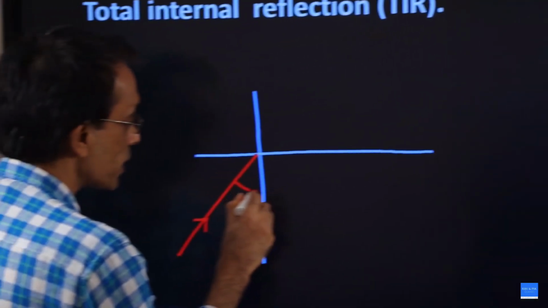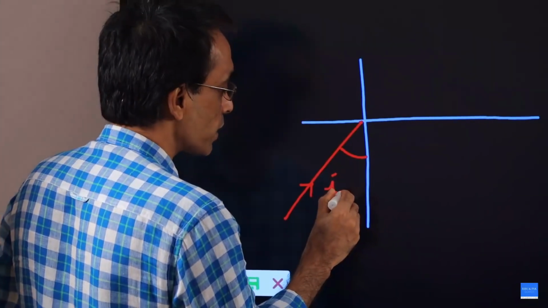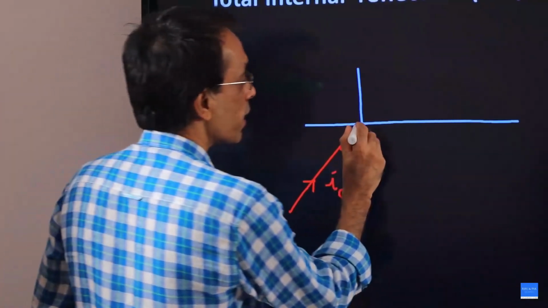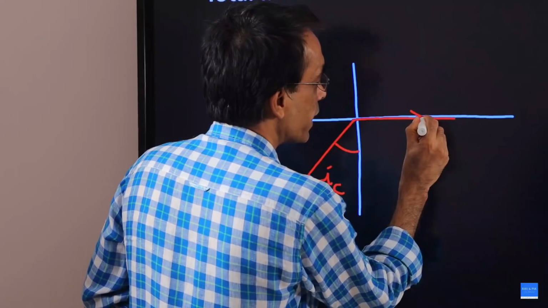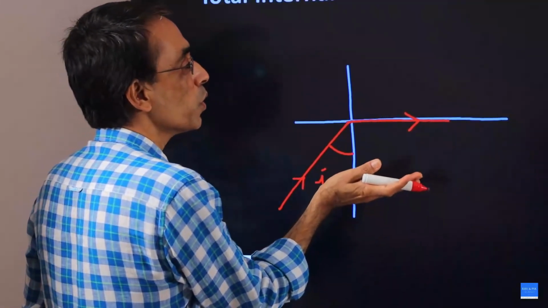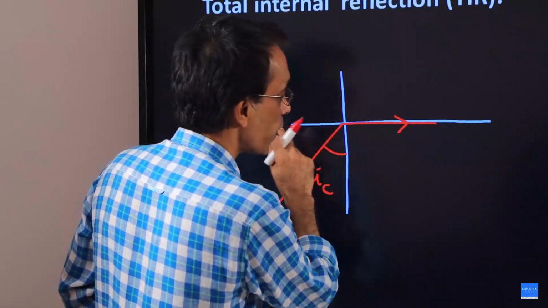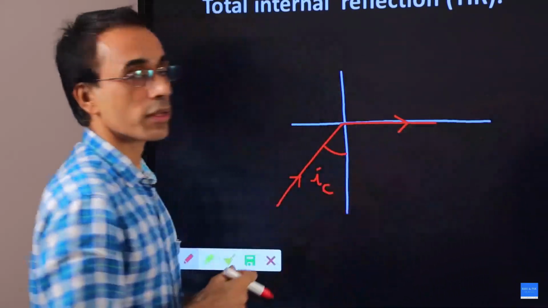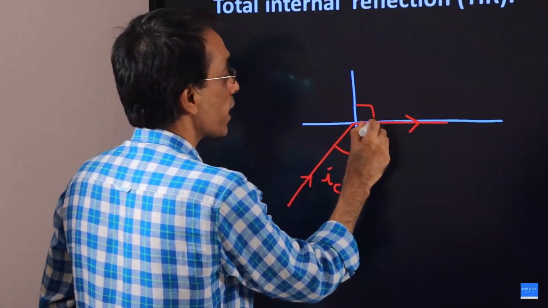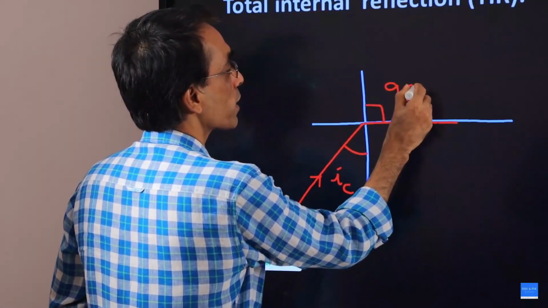An incident light ray is falling at an angle which we call the critical angle iC, and the light ray does not go to air, it does not go to water, that refracted ray goes parallel to the interface, and you know this angle is equal to 90 degree.